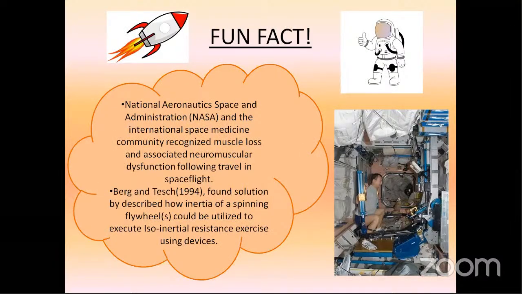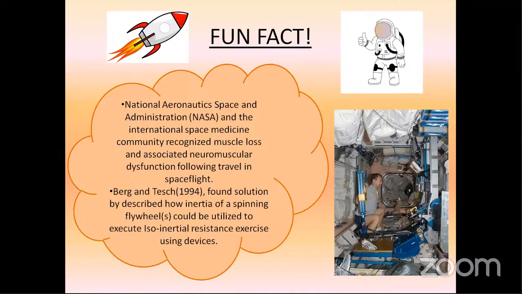As I've said before, iso-inertial exercise is used mainly in athletics or sports performance, but it is also used by astronauts. NASA and the international space medicine community recognized muscle loss and associated neuromuscular dysfunction following spaceflight. Berg and Tesch in 1994 found a solution by describing how the inertia of a spinning flywheel could be utilized to prevent these neuromuscular dysfunctions.